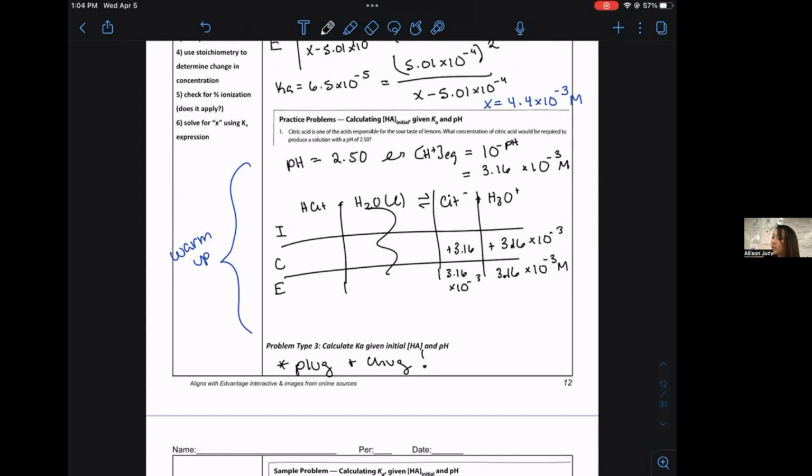Stoichiometrically you're in a 1-to-1-to-1 ratio because this is a monoprotic acid, a one H proton acid. And whatever your initial value for HA that you're trying to find, it's going to be minus stoichiometrically a 1-to-1 ratio. So minus 1 times 3.16 times 10 to the negative third, which means it becomes X minus 3.16 times 10 to the negative third for predicting the equilibrium concentration of your original acid.